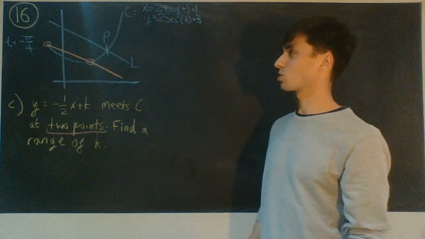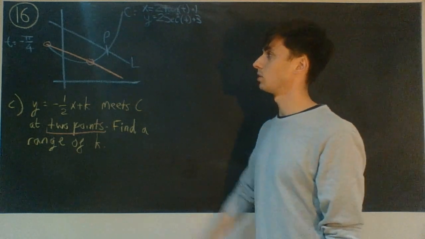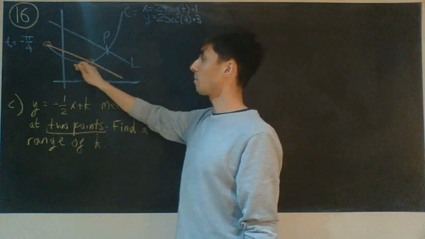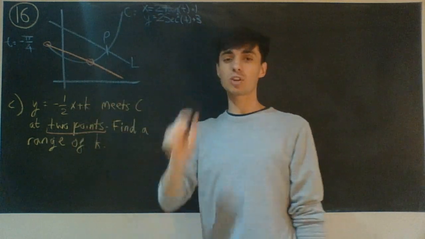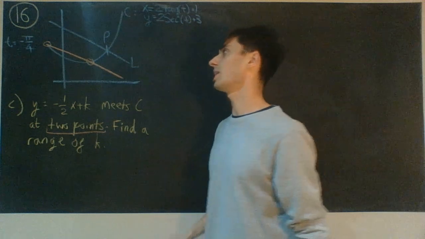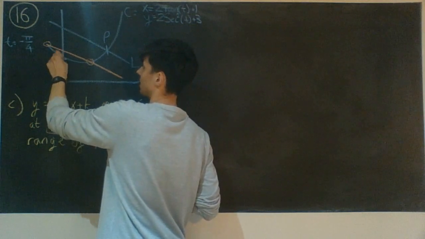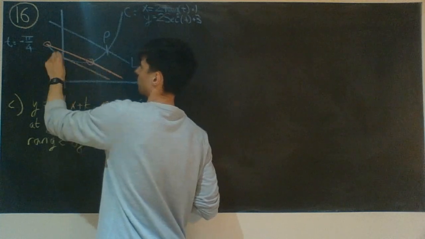If our k was too small, however, this is just small enough. If it was too small, we would either miss our line or we would just touch it at 1 point. So we need k large enough to where we bump into our line at at least 2 separate points.